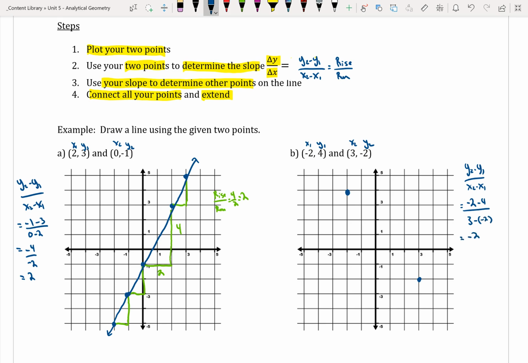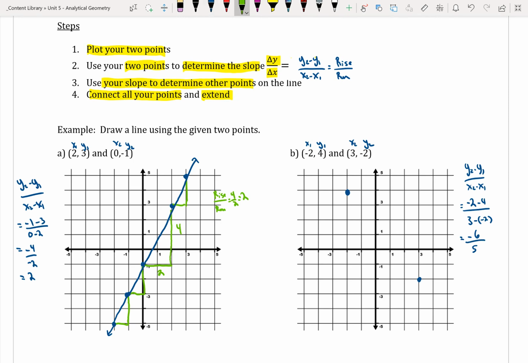So we have negative 2 over 5. Now we can't simplify that any further. Sorry, not negative 2. It would be negative 6 over 5.